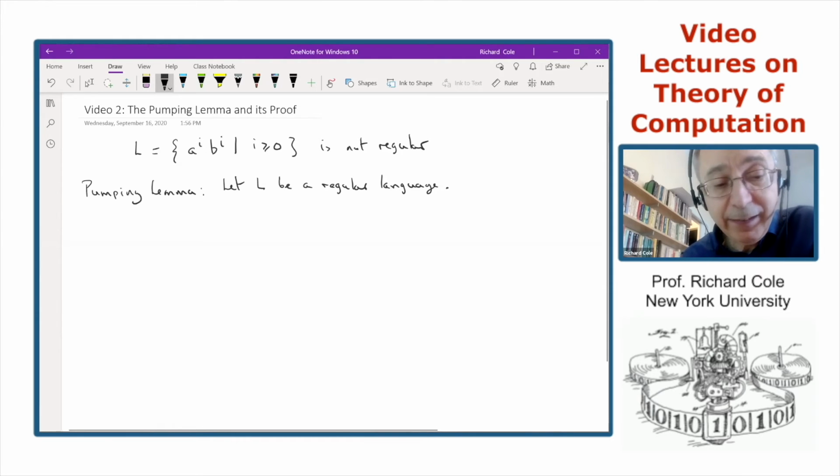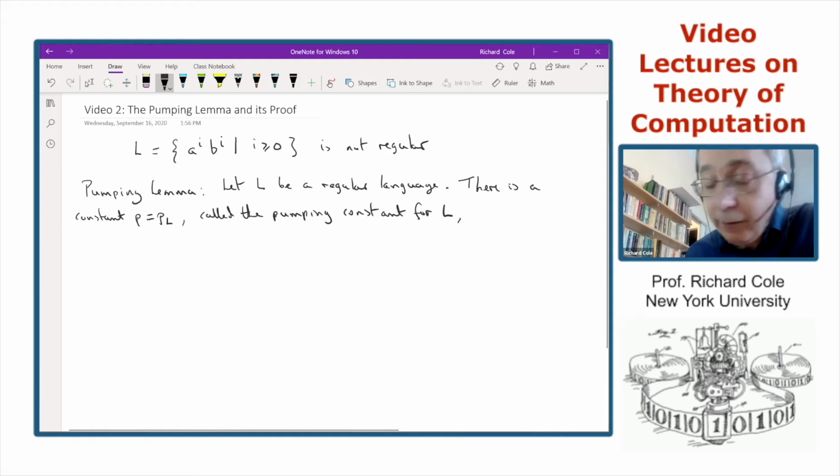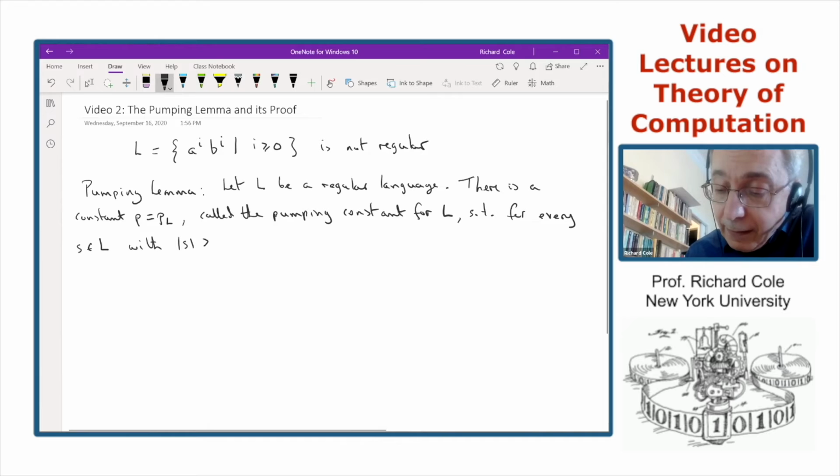So what the result says is that there is a constant P, and I'll write it P sub L to emphasize that it depends on the language in question, called the pumping constant for L. So it's one constant per regular language, such that for every string S in the language that's long enough, with S of length at least P, S can be pumped.